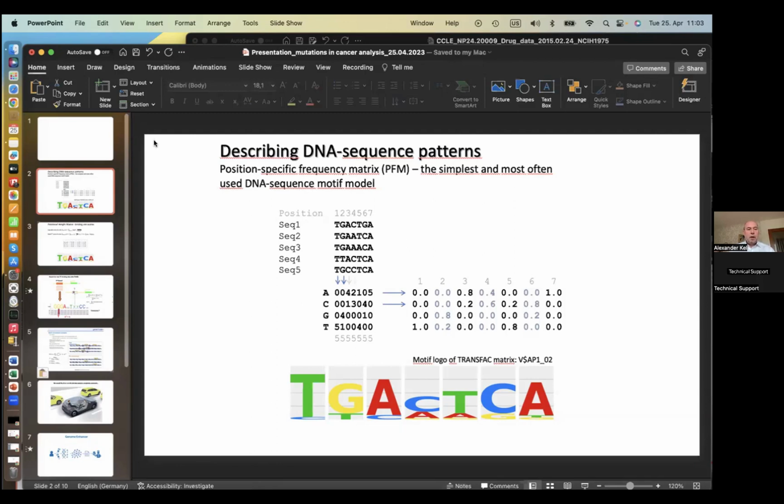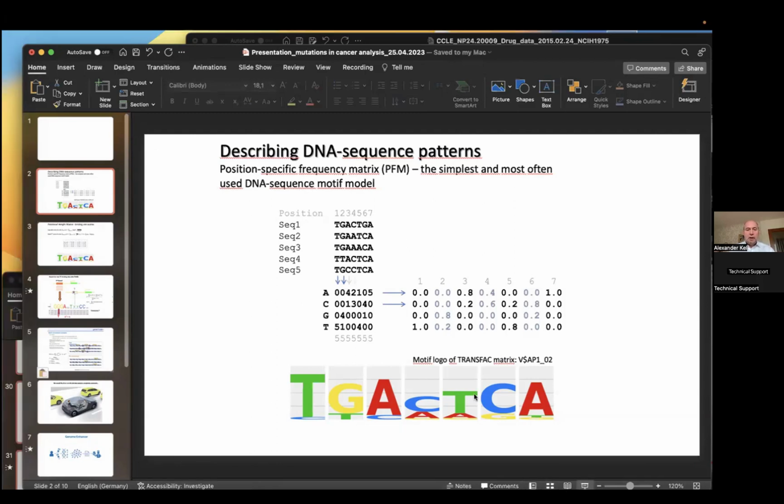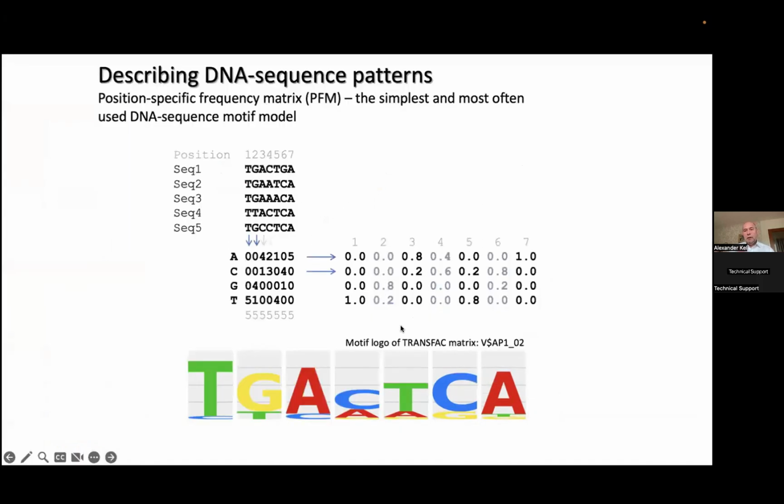Okay, so let's start. Let's go back a bit to our beloved motifs, which we look at in DNA sequences. As you know, in TRANSFAC and in several other databases, we accumulate motifs in the form of positional weight matrices.